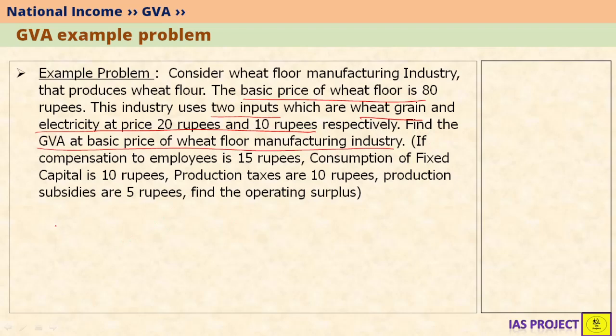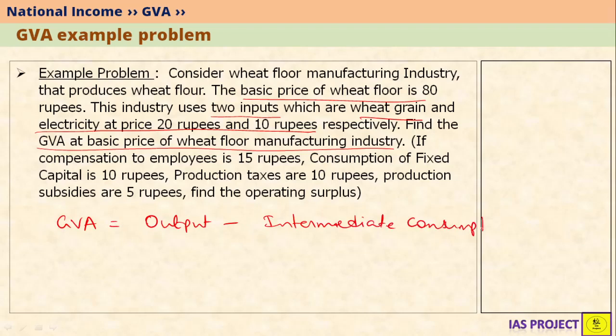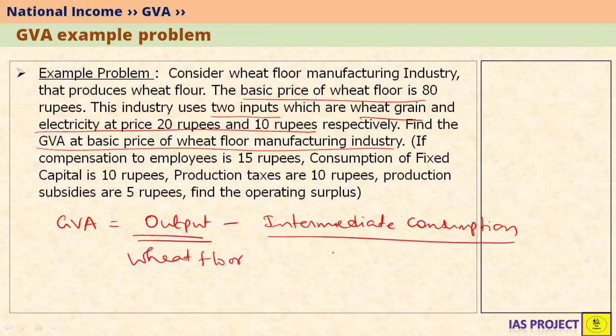So we already know that GVA is nothing but output minus intermediate consumption. Here, in the case of the wheat flour manufacturing industry, output is nothing but wheat flour. And intermediate consumption, or the goods which are being used, are in this case two, that is wheat grain is being used and electricity is being used.